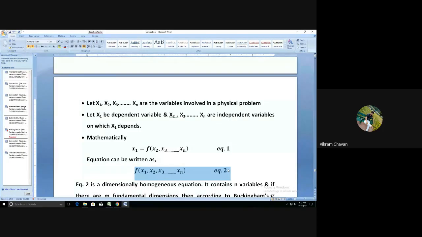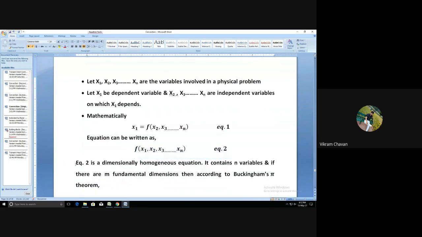That will be equation number 2. Equation 2 is a dimensionally homogeneous equation.